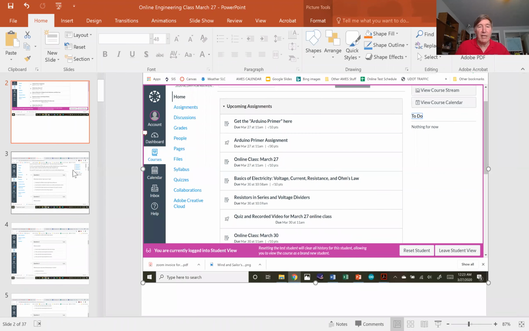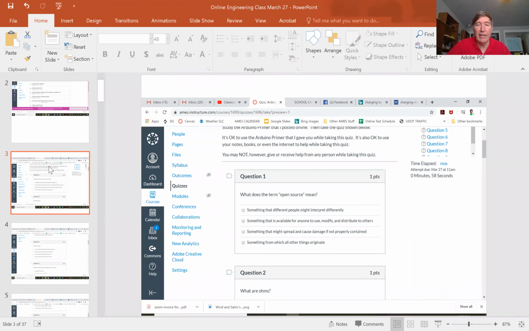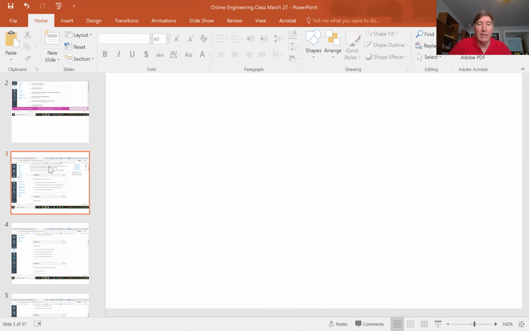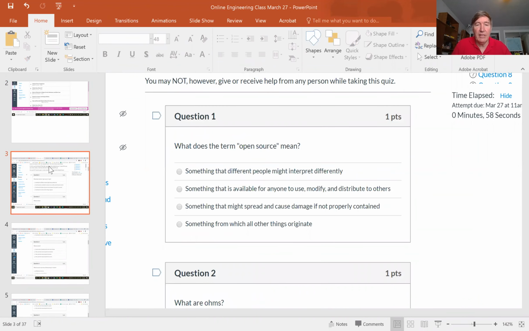Okay, so first thing I want to do is let's talk about the online quiz. Actually, I'm sorry, this is the homework assignment that was due today. So hopefully you guys all did that one okay. Question number one was what does open source mean? I hope that you guys realize that the correct answer here is the second one down.